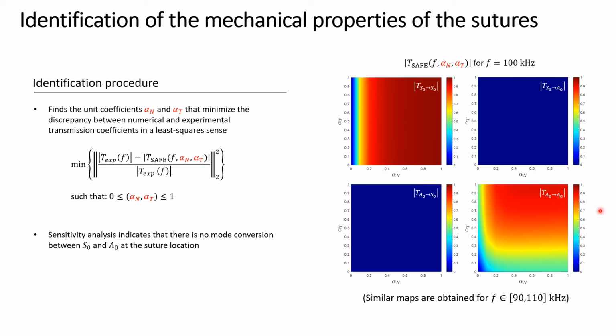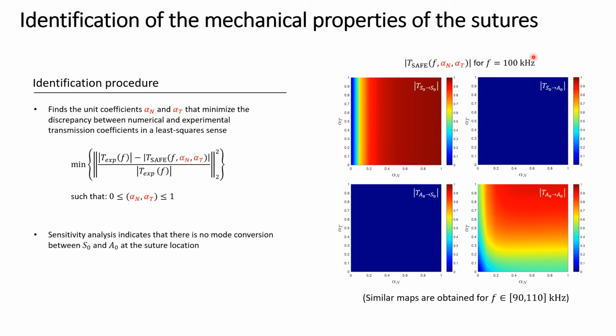And the same is also true when the A0 mode crosses the suture, as we can see here, in which case there is no conversion into S0 mode. And from the last map here, we can see that the transmission of the A0 mode depends on both alpha n and alpha t only when the value of alpha n is higher than 0.4.